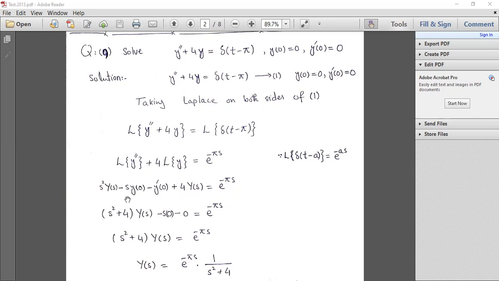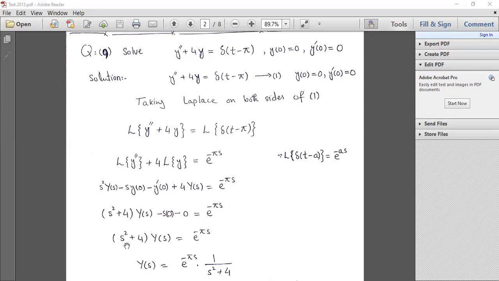Now we use the initial condition y of 0 equal to 0, y prime of 0 equal to 0. So when we put here, this will become minus s into 0 minus 0, because these values are 0. And here you can see that s square plus 4 into y of s. We take y of s common from this, so we get equal to e power minus pi s.